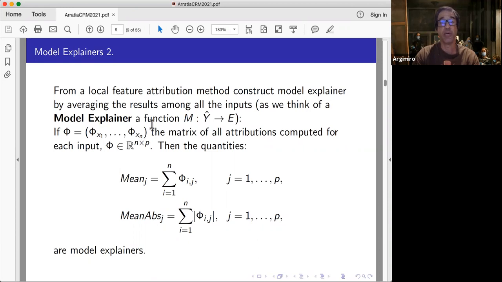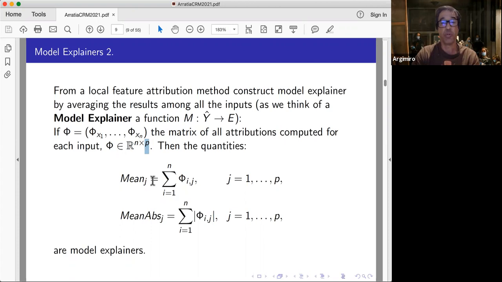So if I apply my Shapley value, or any of my other local interpretation measures, I get my matrix of contributions for all inputs. I apply my contribution for each of my P variables, or P features, right?